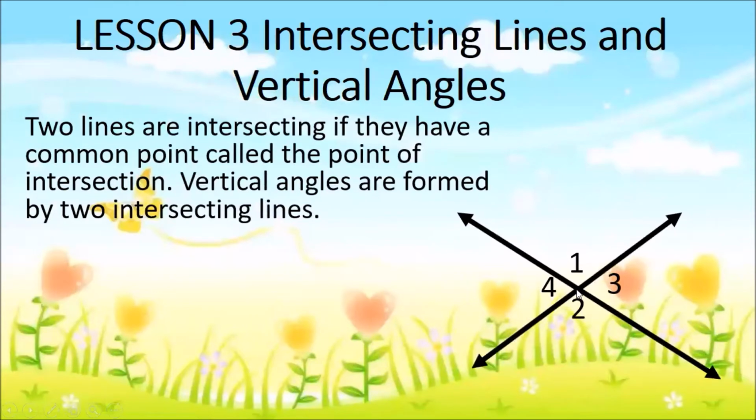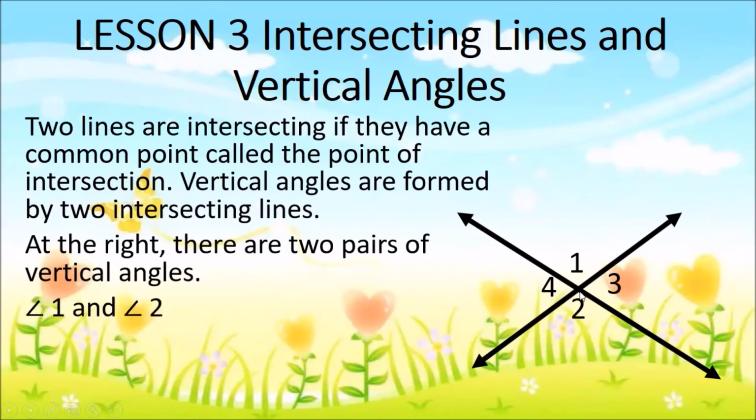So this is the point of intersection, kaya merong angle 1, may angle 2, may angle 3, angle 4. Pag sinabi kasi vertical angles, they are opposite to each other, magkatapatan. Ang katapat ni angle 1 ay si angle 2, at ang katapat ni angle 3 ay si angle 4. So these are the two pairs of vertical angles.